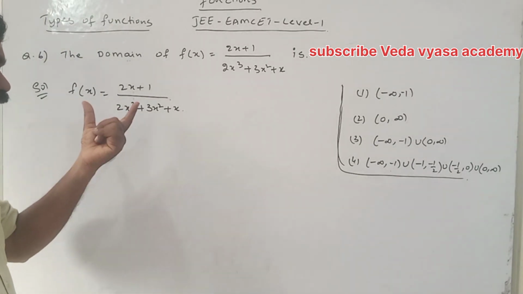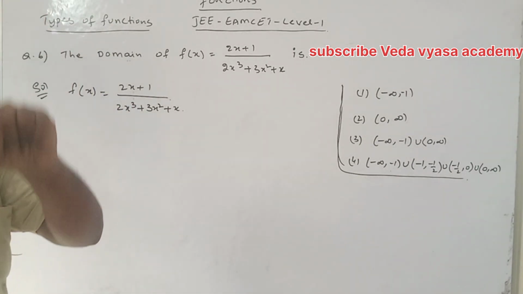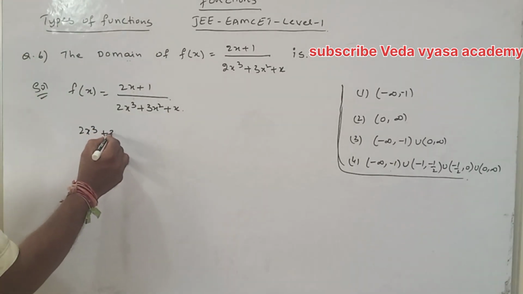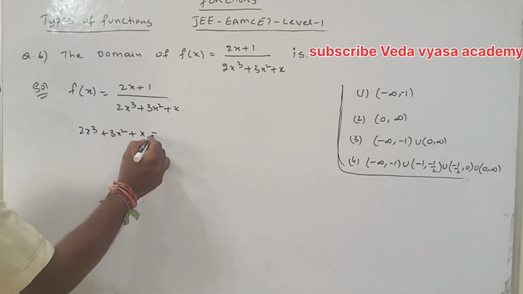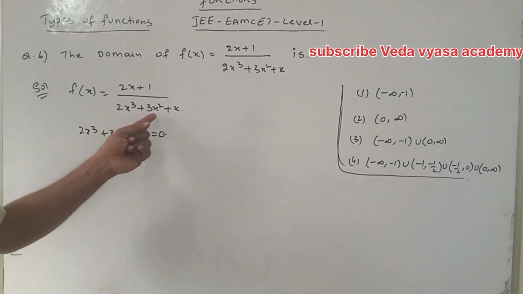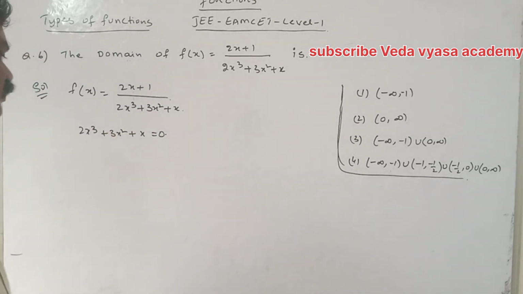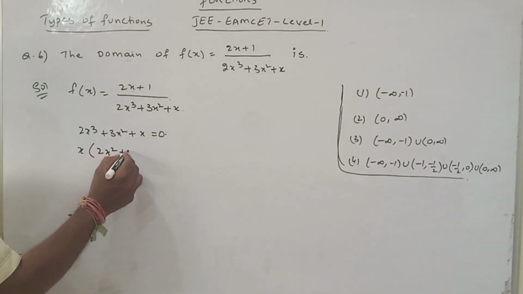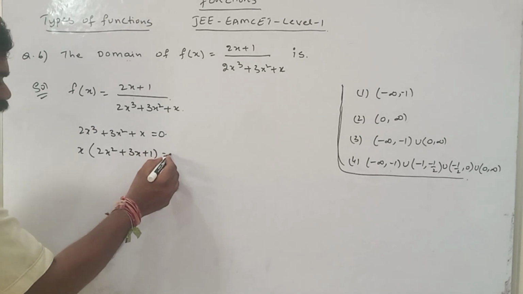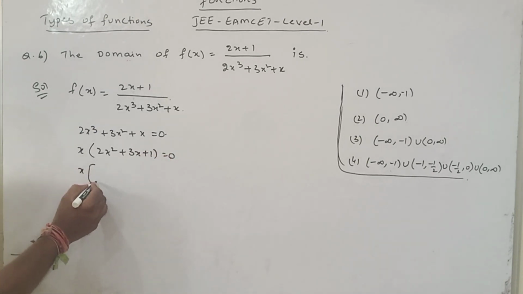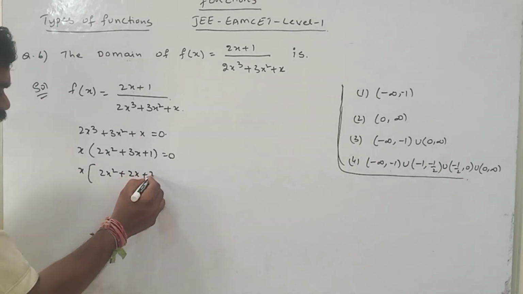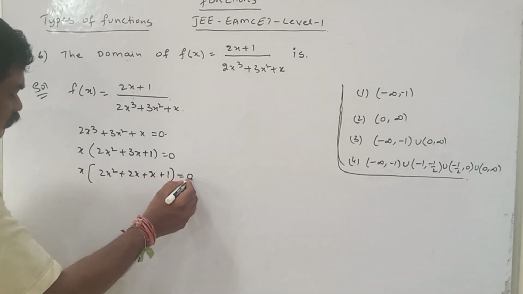The denominator should not be 0. That is 2x cube plus 3x square plus x equal to 0 would be not defined. So x common, 2x square plus 3x plus 1, which is 2x square plus 2x plus x plus 1.